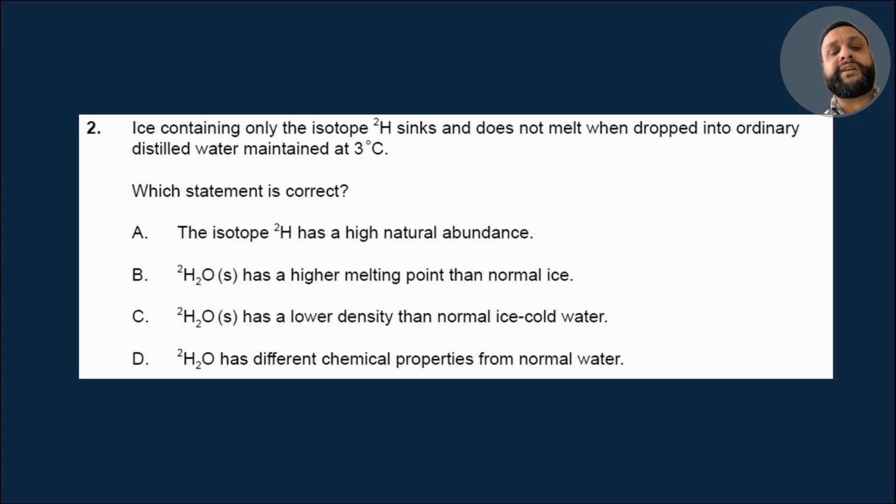Ice containing only the isotopes H2 sinks and does not melt when dropped into ordinary distilled water maintained at 3 degrees Celsius. We know hydrogen has 3 isotopes, H1, H2 and H3. Isotope H2 is given here, and sinks means it is more dense than H1, and does not melt means it has a high melting point.